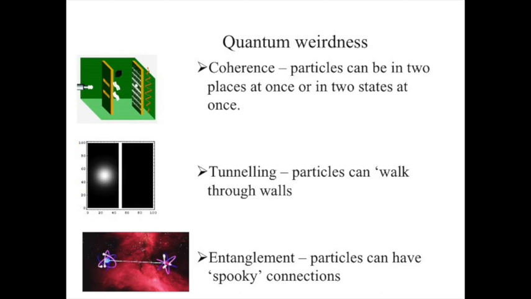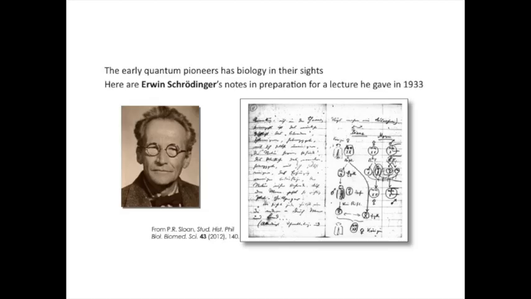Now, the early quantum pioneers, such as Erwin Schrödinger, became interested in life and the question of whether quantum mechanics played a particular role in life. These are some notes from a lecture he was giving in 1933. These are chromosomes. He was trying to work out how chromosomes worked.